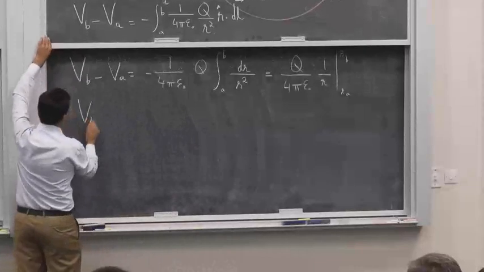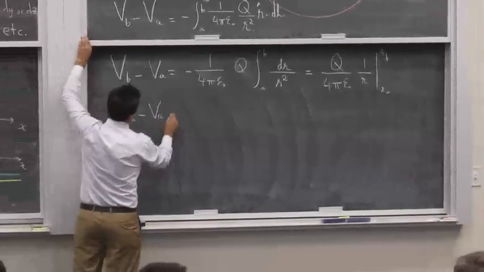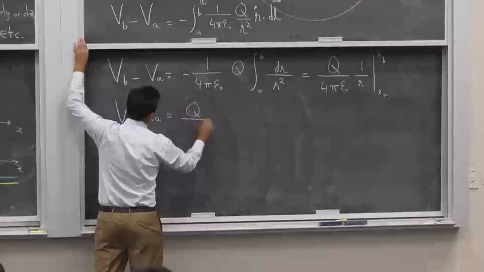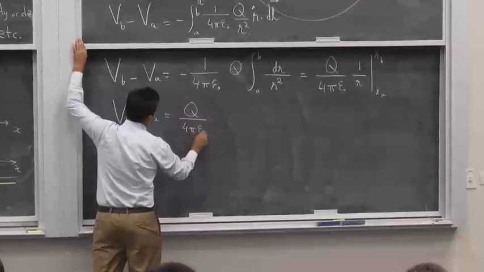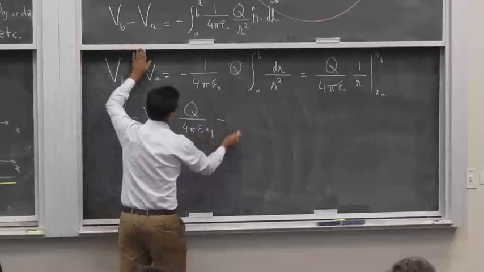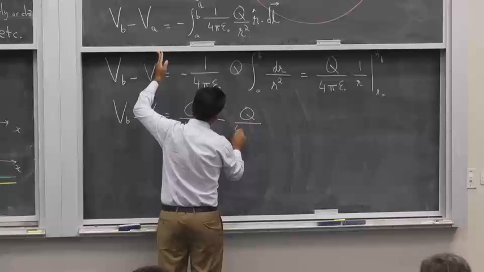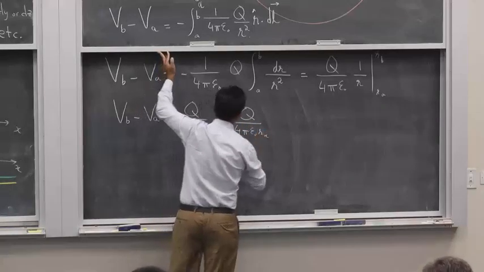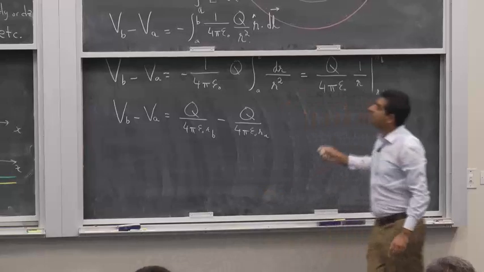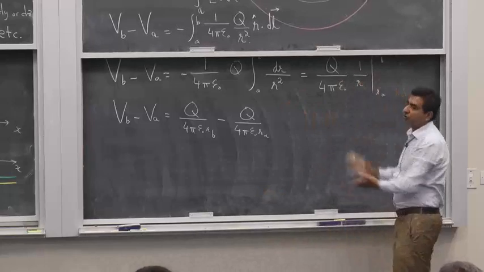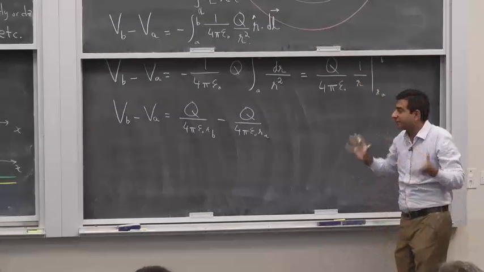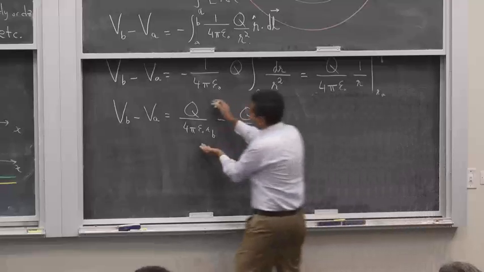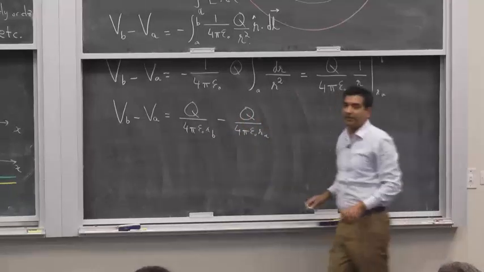VB minus VA equals Q over 4 pi epsilon naught RB minus Q over 4 pi epsilon naught RA. So due to this distribution of charge on a metallic charged sphere, this is simply VB, this term is simply VA.